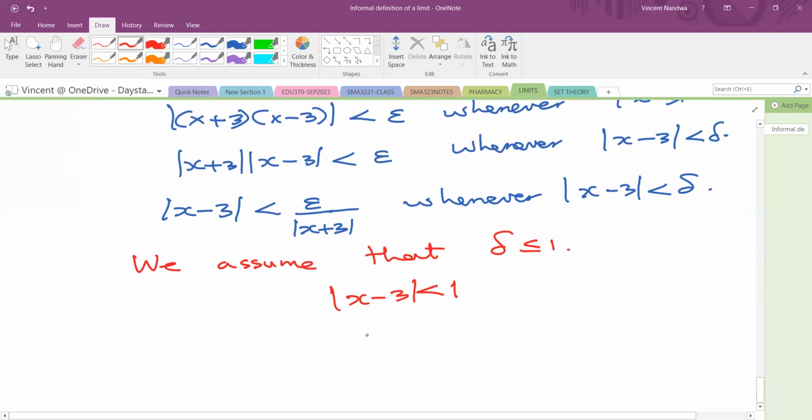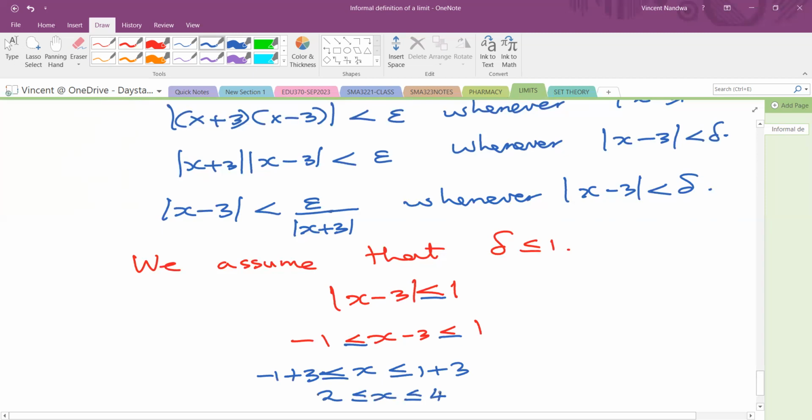Which is the same thing as saying x minus 3 lies between 1 and minus 1. Remember, there's nothing special even if you still use this inequality sign. All of them are right. So adding 3 on each side, we'll have minus 1 plus 3 is less than or equal to x, less than or equal to 1 plus 3, which means 2 is less than or equal to x, less than or equal to 4.